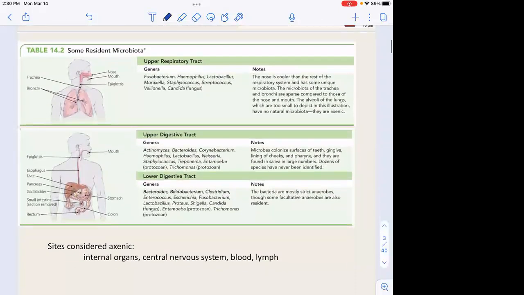This is a nice chart just because it gives you some examples. Nothing to memorize here, but we have totally different kinds of residents in different parts of our body.